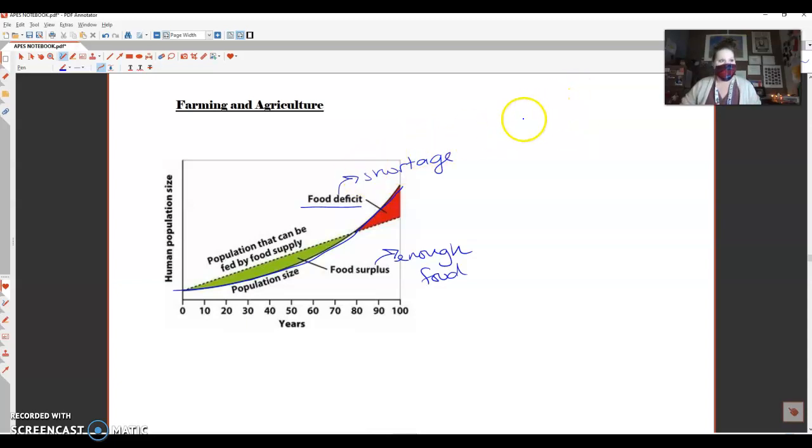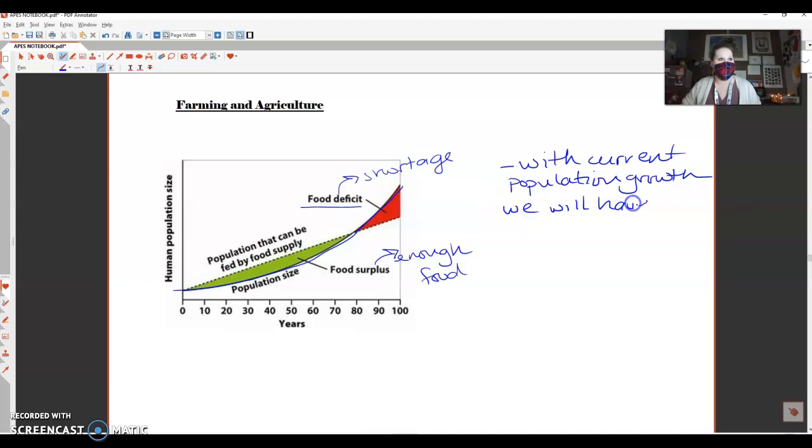Okay? So, with current population growth, we will have a food deficit. Okay, we will have a food deficit, which we don't want to have happen.